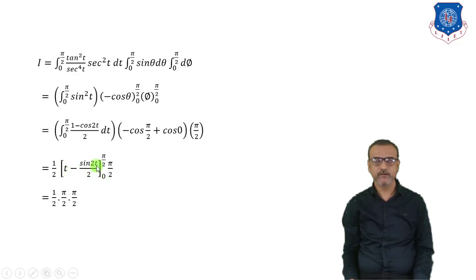Then if you replace t by 0, sin 0, and the value of sin 0 is 0. So we have only one term, that is pi by 2, and this pi by 2 will be as it is. Now after simplification we have pi square by 8. So this is the answer of the given triple integration.